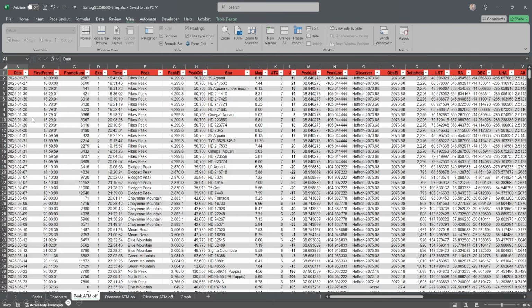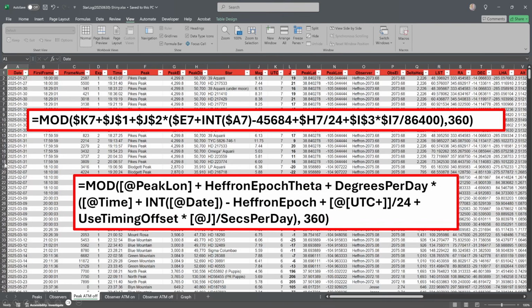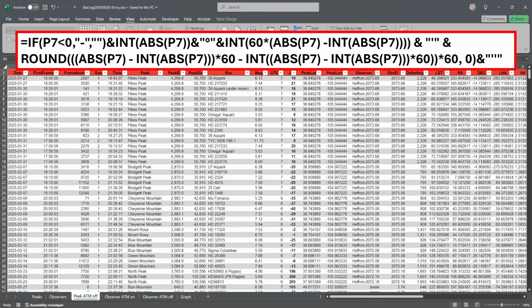So instead of having formulas where I've got to go and look up all these cells, like what is K7, what is J1, the formula in these cells in my spreadsheet now looks like this. And now it reads much more like English, and I can actually figure out what he's trying to do. Or this absurdly long formula just to convert a decimal angle into degrees, minutes, and seconds.